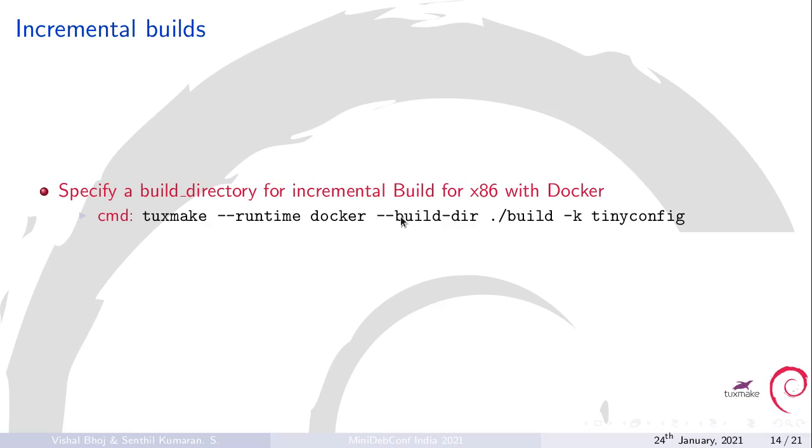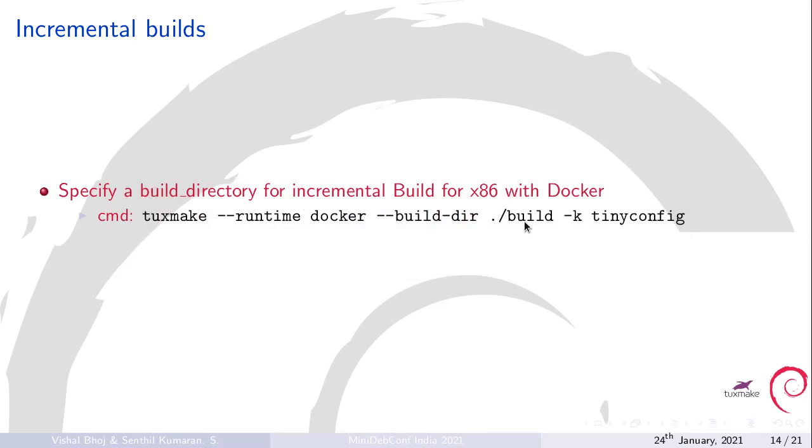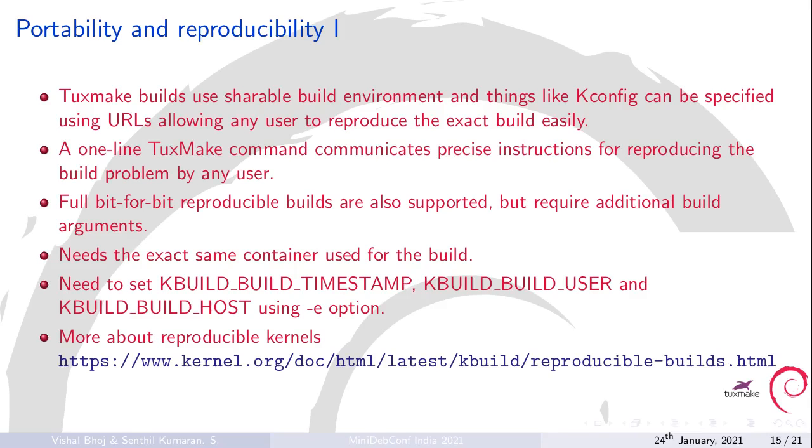Here if you specify --build-dir with the directory, it would basically do the build and store the artifacts in that particular directory. And if you specify the same directory again for the next build, after updating your kernel or while you're making modifications to the kernel source, it would do an incremental build. So that's how you do incremental builds.